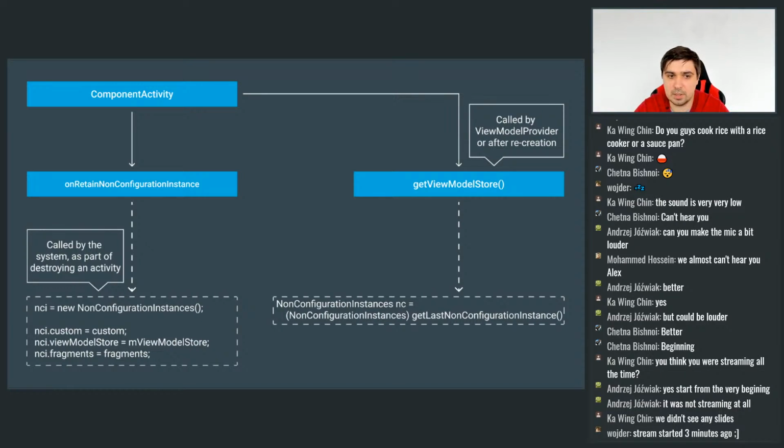And when our activity is recreated, we get our ViewModelStore from getLastNonConfigurationInstance. It means that we use a pretty old approach. Of course, this approach was polished and improved, and we can see that we have no magic inside our ViewModel. We have a pretty old approach, and right now it's working for the ViewModel.